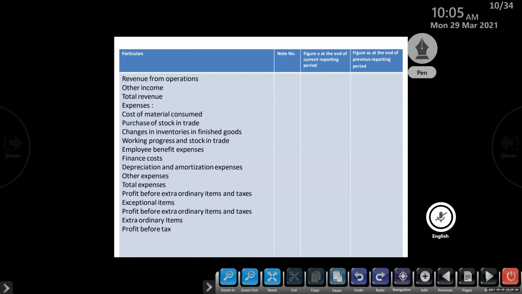So you look at that. No need to study everything. Revenue from operations, other income, total revenue, cost of material consumed, purchase of stock in trade, change in inventories, employee benefit expense, finance cost, depreciation.